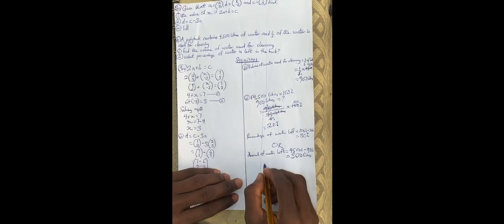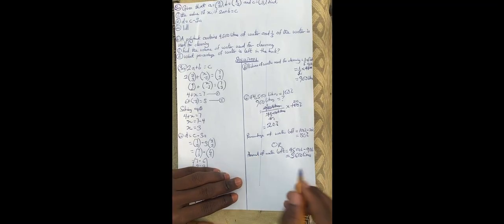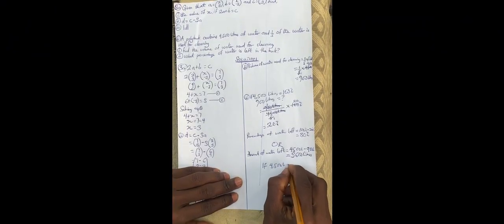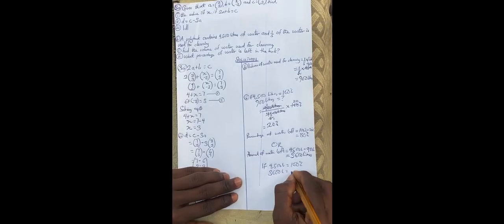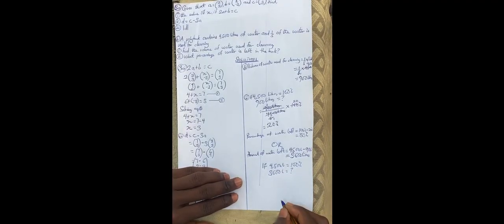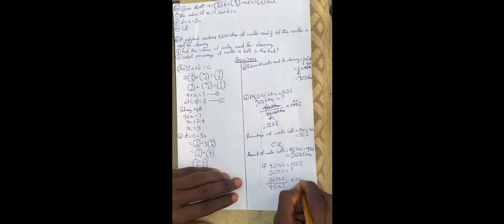So then we will be having, let's go back and then use the ratio and proportion. If 4,500 liters is equal to 100%, then 3,600 liters will be equal to what? We don't know. So we'll be having 3,600 liters all over 4,500 liters expressed as what?